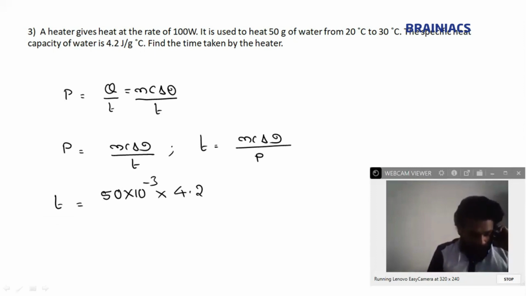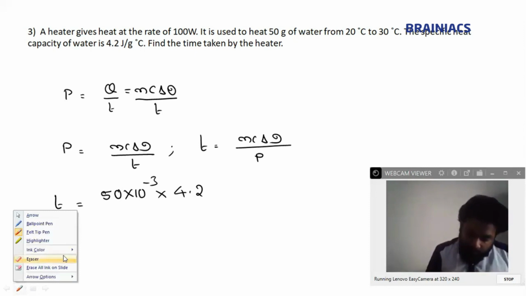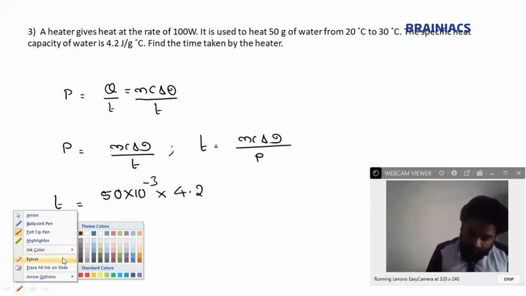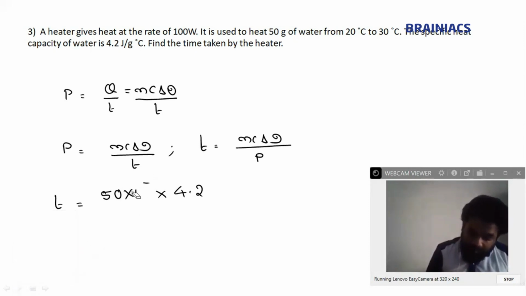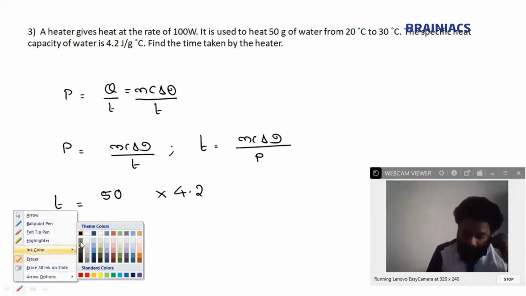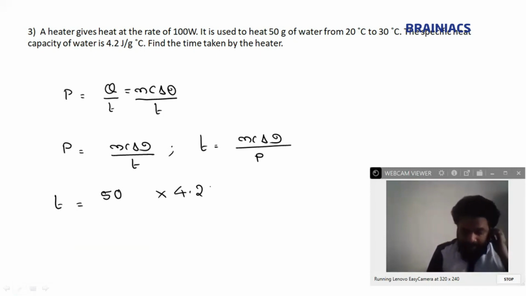Here we need not convert this into gram also, because the specific heat capacity they have given is 4.2 joule per gram degree centigrade. So we can maintain 50 gram, because that unit will be cancelled off.